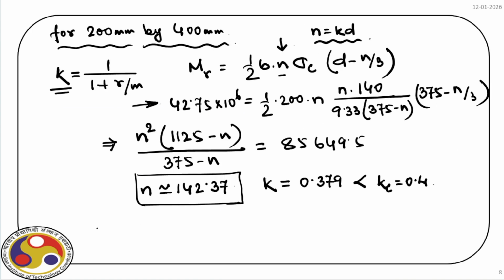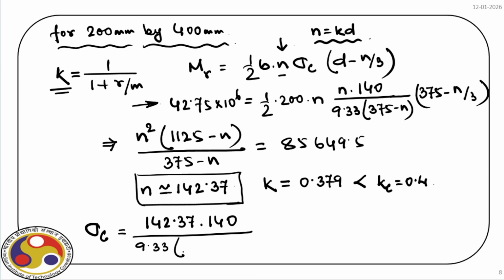So sigma c is equal to n, which is 142.37, times sigma st, in our case 140, divided by 9.33 within bracket 375 minus 142.37.